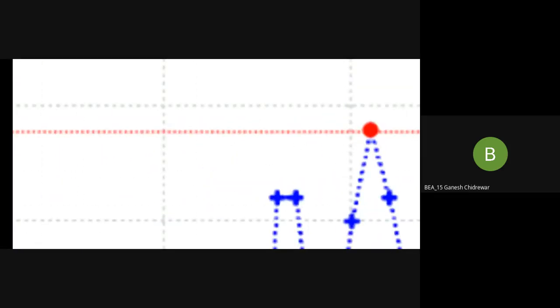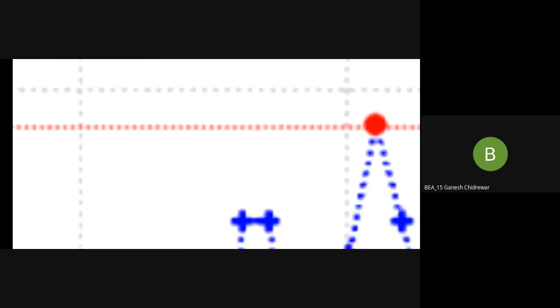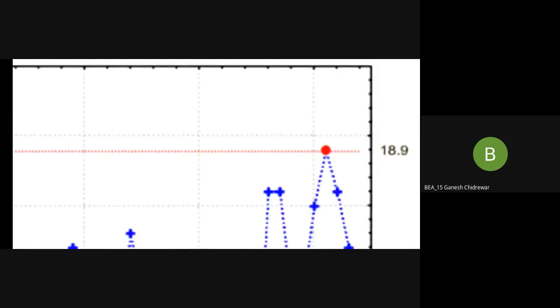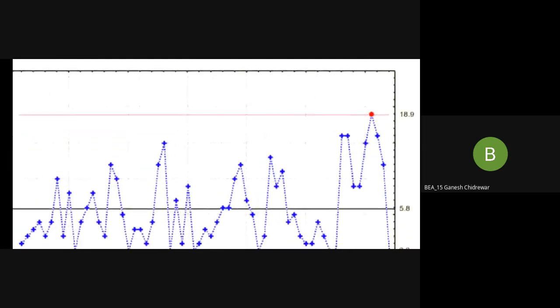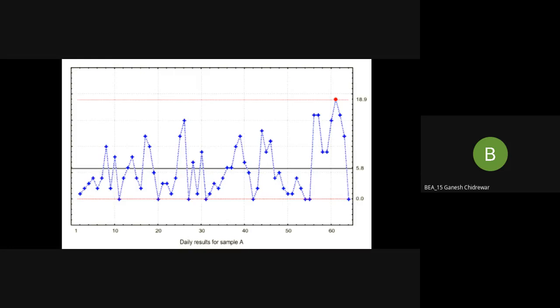Now this is the defective. We will get an idea whenever we get this type of result, and according to that the controller will find out where the defect or error actually is. Definitely we can take action about the location.